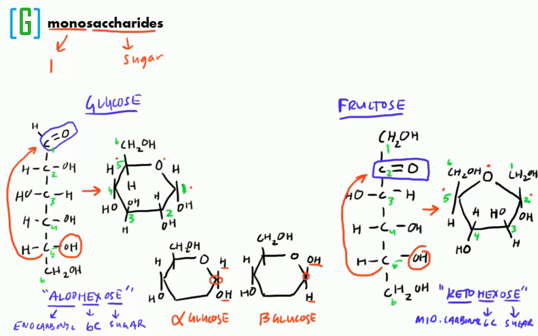But really, guys, the big takeaway here is that monosaccharides, or simple individual sugar molecules, are the monomers or the building blocks that are going to make much more complicated carbohydrates later. And the subtle differences in the structure of these monosaccharides makes a big difference in terms of the overall purpose of the carbohydrates that they build.